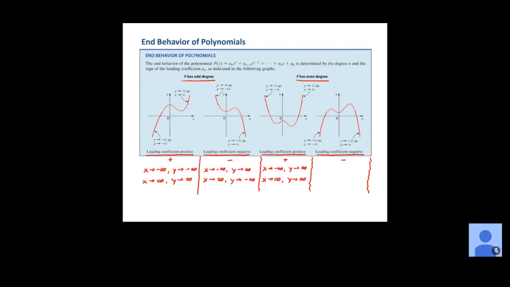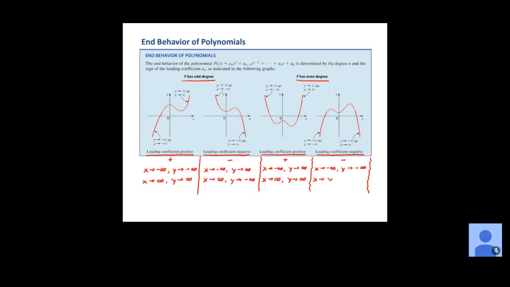Okay, so now let's look at the leading coefficient being negative. As x approaches negative infinity, what's happening to my y values this time? Going towards negative infinity, right? Because the left-hand side of that graph is going down, so the y values are going towards negative infinity.